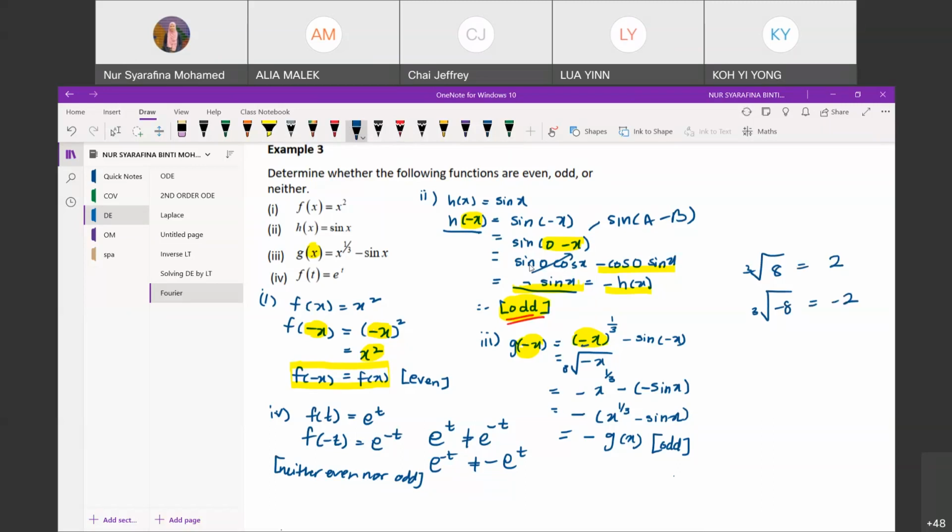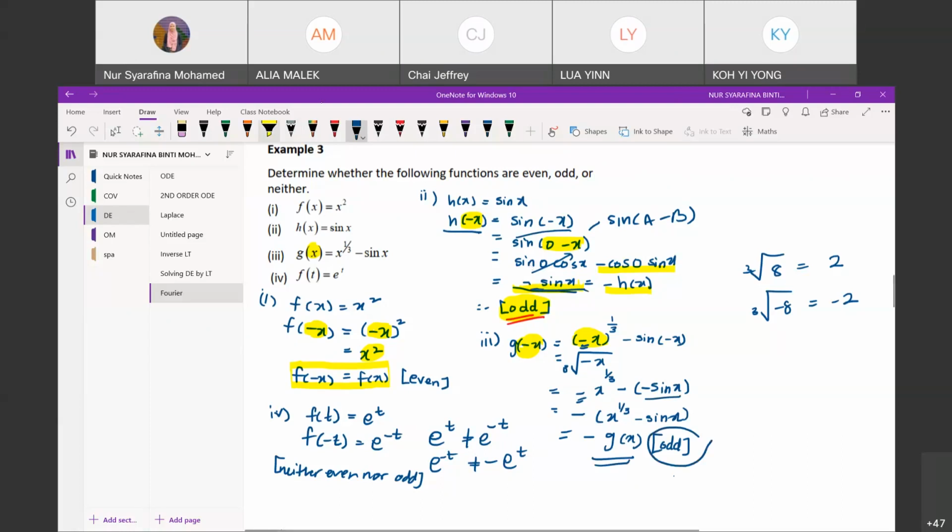So the negative remains. Then minus sine of negative x, by looking at the previous example, sine of negative x is negative sine x. So negative again. Then we factorize and we get negative g(x). So g(-x) is negative g(x), then it is odd.